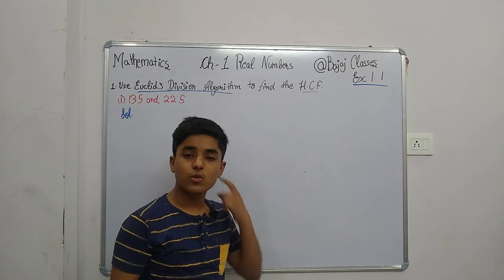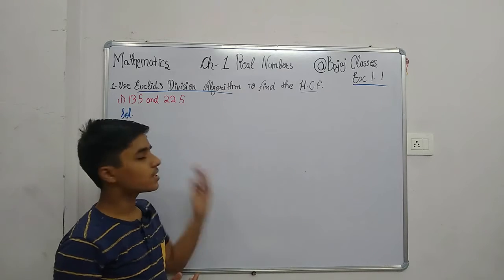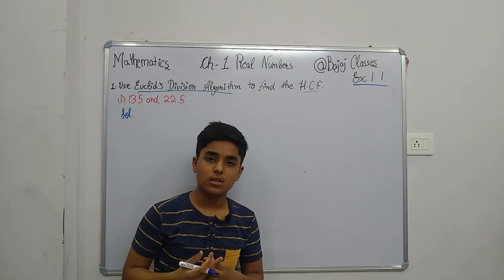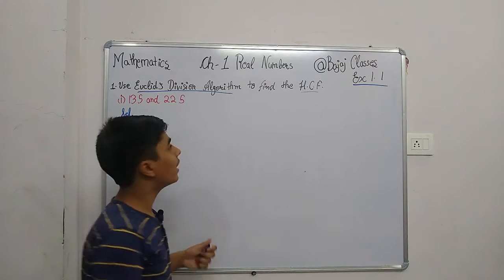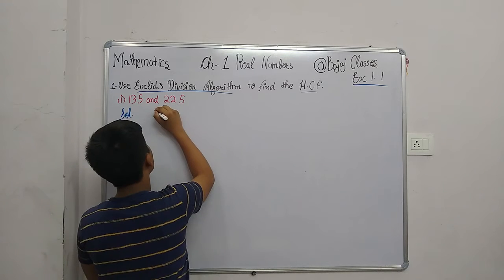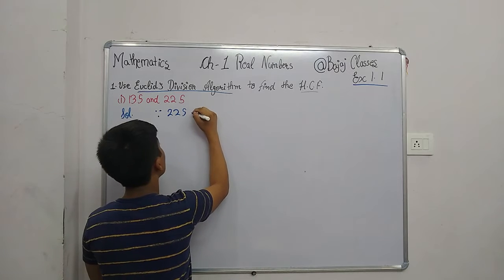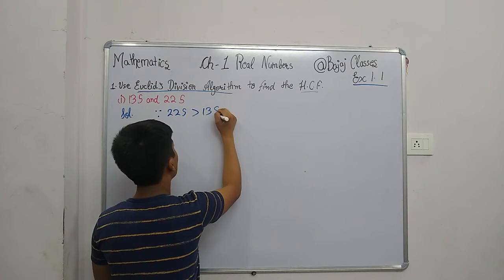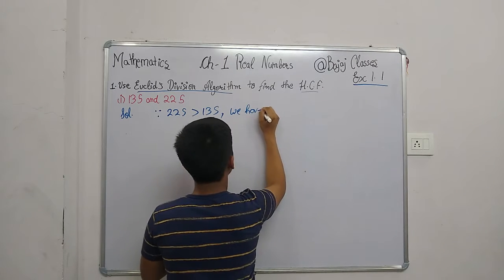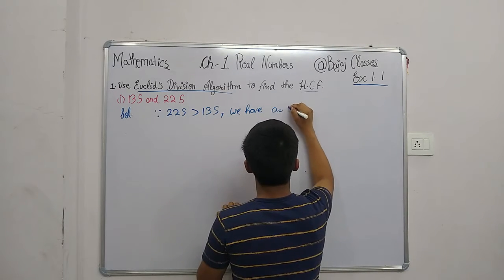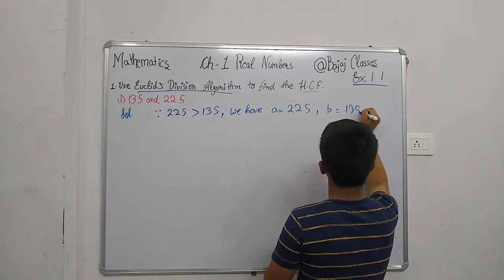For using Euclid division algorithm, we have to follow some steps or rules. First we have to find which number is greater. Since 225 is greater than 135, we have A equals 225 and B equals 135.